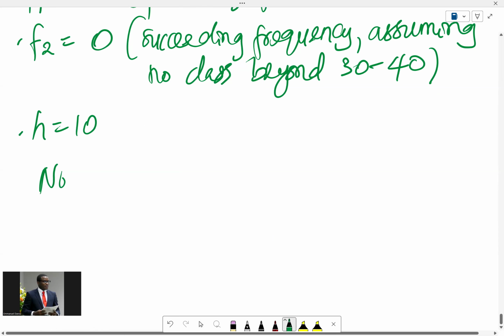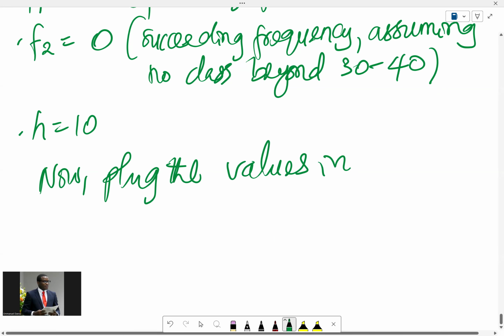So now let's compute. Plug the values into the formula.